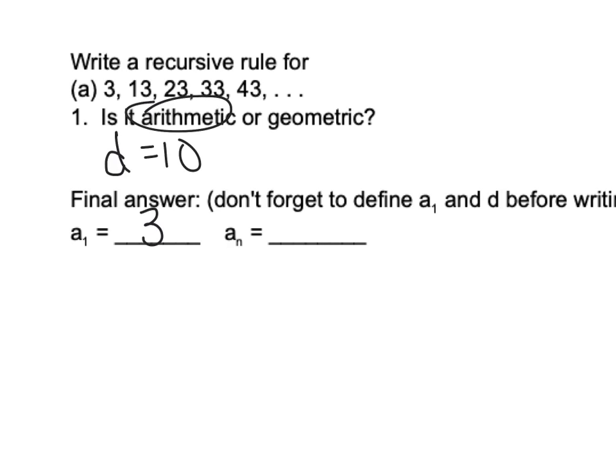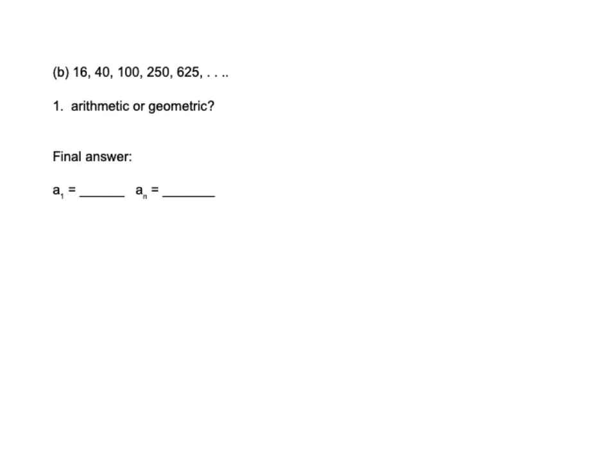A sub n is just going to be a sub n minus 1, so you're going to take the term previous to it and add the difference. And we're just going to add 10. This a sub 1 and a sub n minus 1 are part of your formula. The only thing that you're going to replace with the number is your d value.